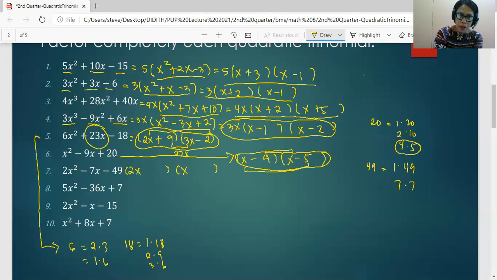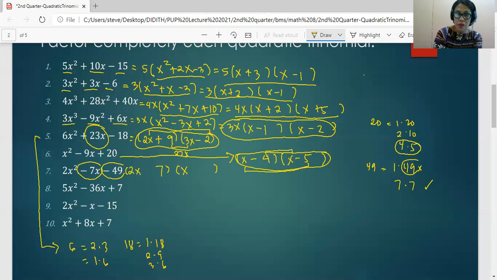Since we're expecting negative 7x here, and the sign of the last term is negative, we're expecting 1 positive and 1 negative factor for negative 49. Okay, so we are not going to consider 1 and 49, since when we multiply 49 to either 2 or 1, it will be 49 or more than 49. So we're going to consider 7 and 7.